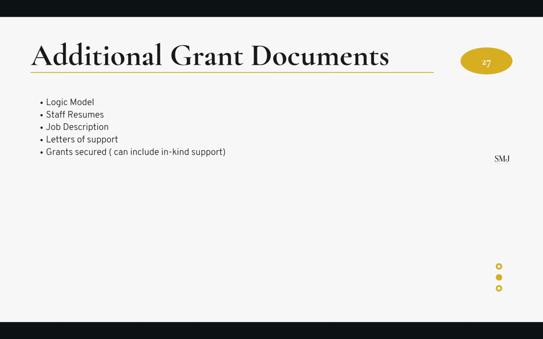And the theory of change basically is how you plan to achieve the change that you desire in the world. So a logic model will include input, output, and detail outcomes, and also share the broader impact that your organization wishes to have.